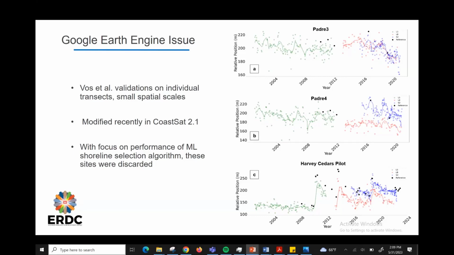Luckily, at a similar time we discovered this, the creator Killian Voss in Australia noticed the same thing. His initial efforts again were focused on that transect level, but once he started to scale up in the longshore, he noticed some similar behavior, so he was able to correct for this. And so we backtracked and took the newer version of CoastSat to implement into our ARC tool that we'll talk a little bit more about later.